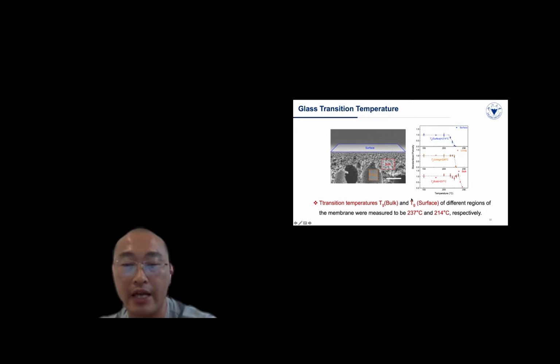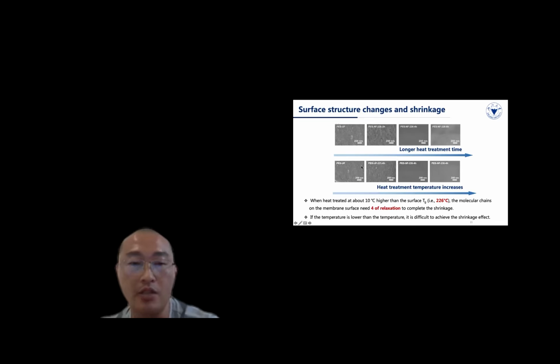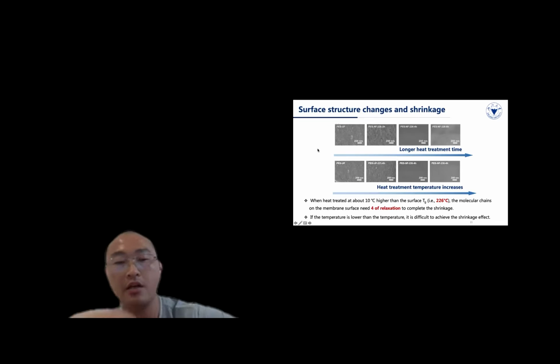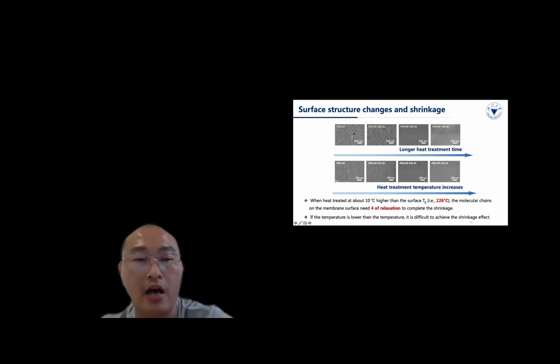This gives the membrane a good separation layer. So based on these characteristics, we decided on several temperatures and several times to thermally treat the membranes. Initially, we can see this is the ultrafiltration membrane, UF membrane.